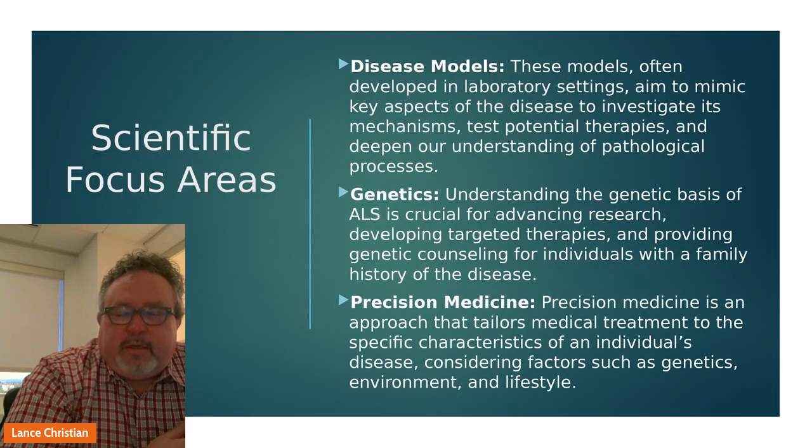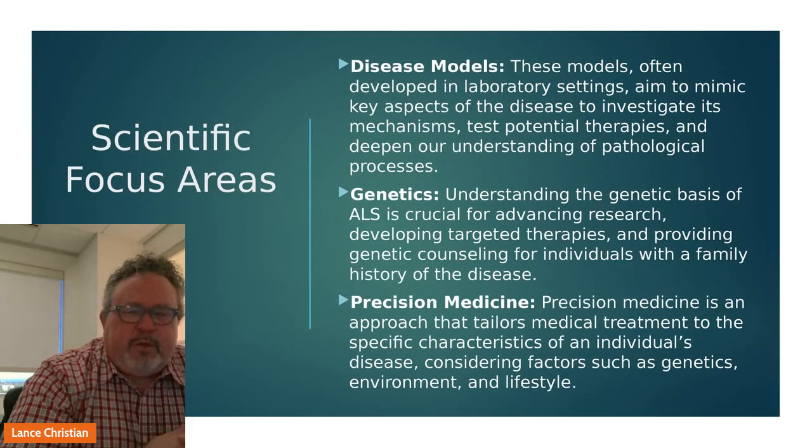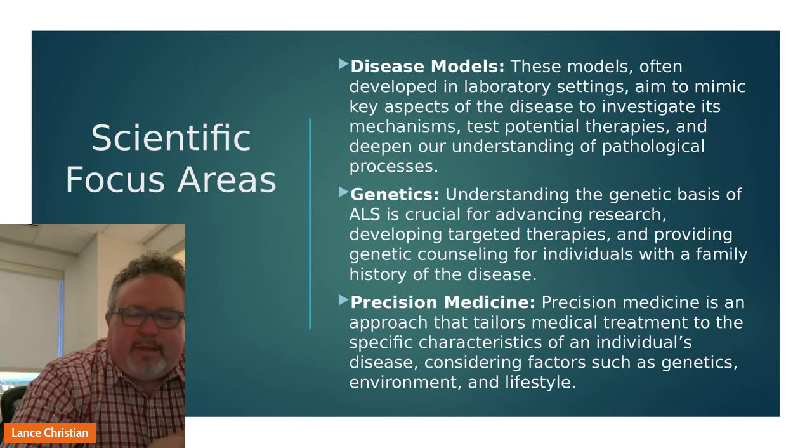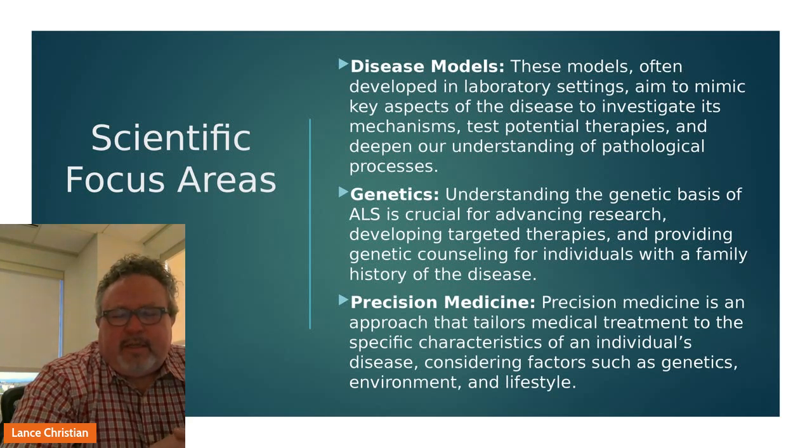So disease models are often the starting place for a lot of research. This is what I call the true bench scientists, the folks who are in the academic labs and the pharma labs, and that are really looking at the function of motor neurons, how they intersect with the muscles, the astrocytes in the muscles, the proteins and the genes that trigger protein development.